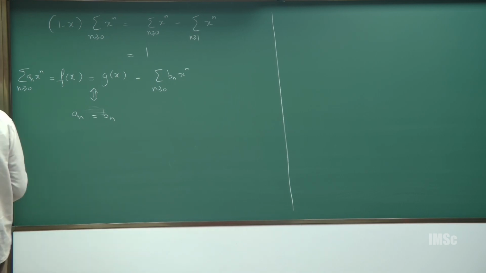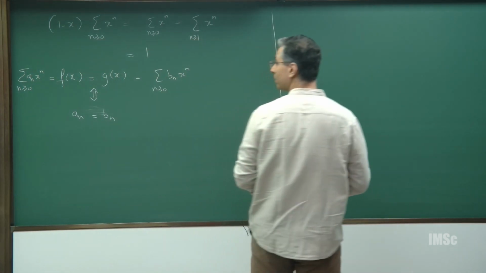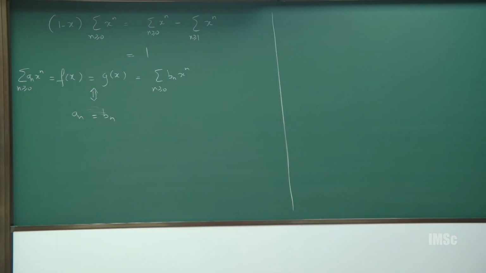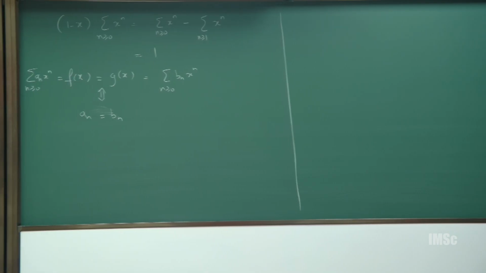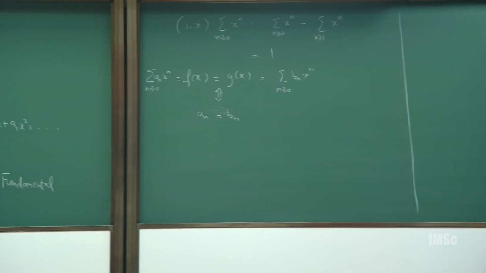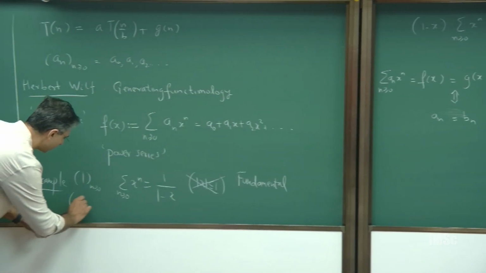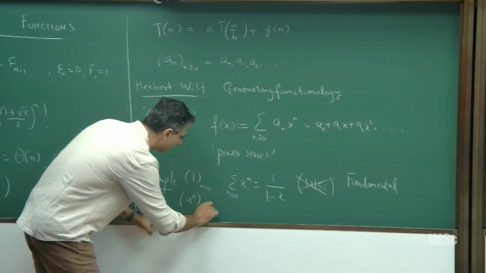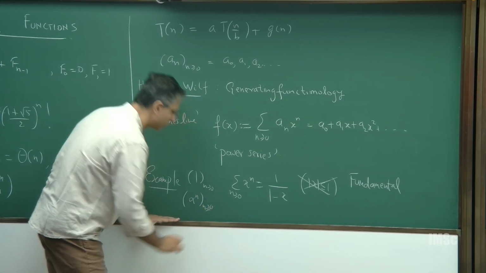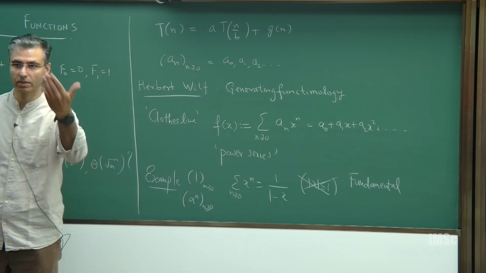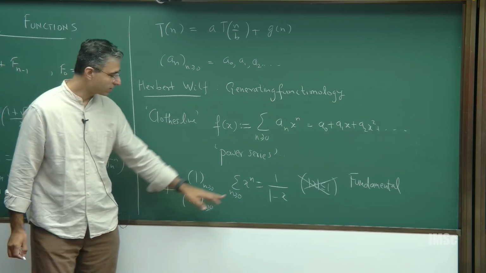So, let us take our favorite recurrence. This is the most fundamental generating function, if you have to remember. Everything else follows from this. And instead of this, if you have alpha raised to n, where alpha is some constant, so the nth term is just some constant raised to n, then the generating function will be what?